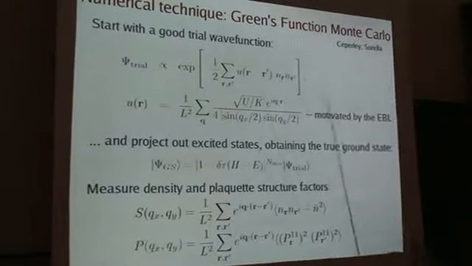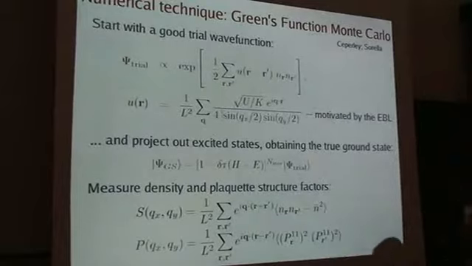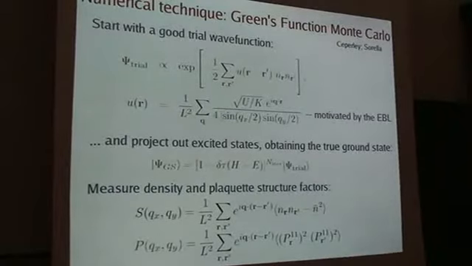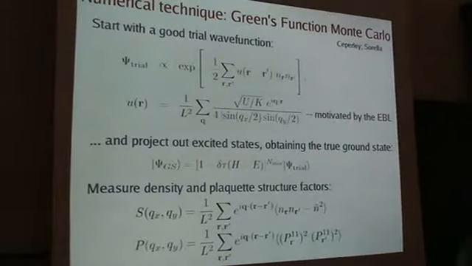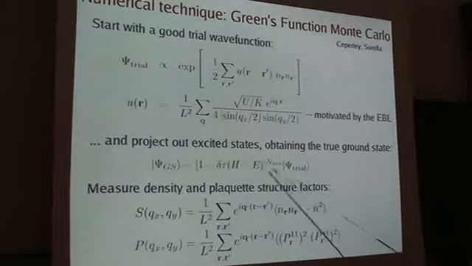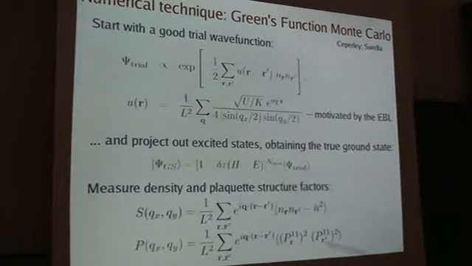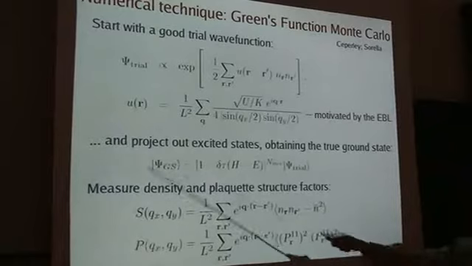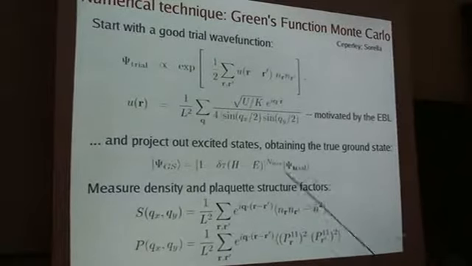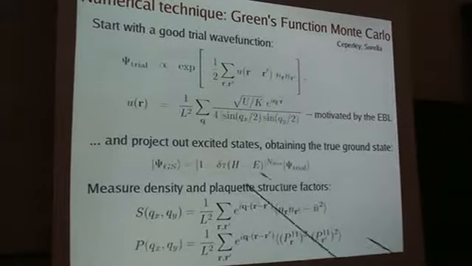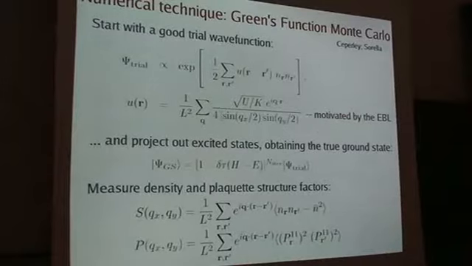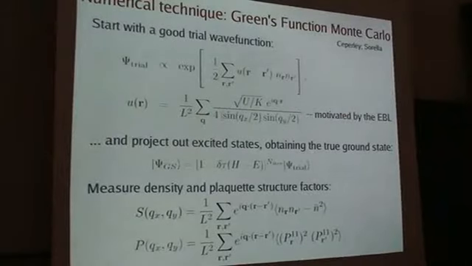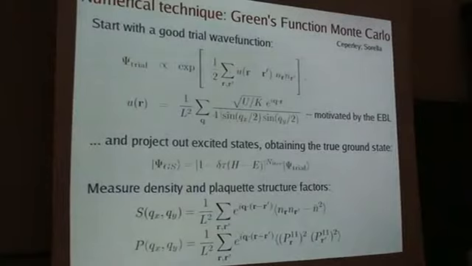We start with some trial wave function, which in the context of ring exchanges we know how to construct quite reasonable initial trial states, and then we act on this wave function many times with the Hamiltonian, and this filters out excited states, and only the true ground state remains. And then in the true ground state we measure quantities that we use to characterize the state.